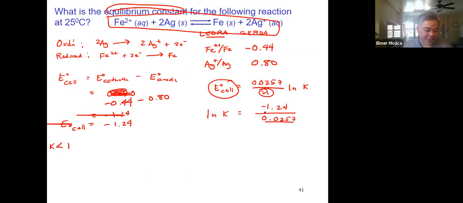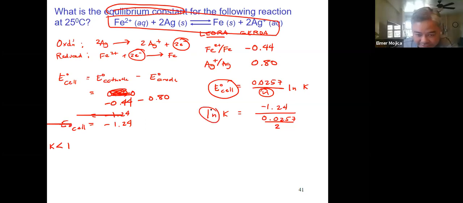What's n? What's the value of n there? Anyone? What could be the number that is equal to n here? 2. How will I know where I get this value? See this one? The number of electrons that is involved in a given reaction. So if you have that, what will happen?